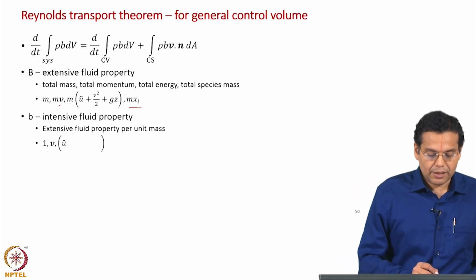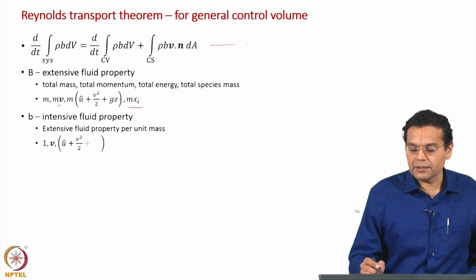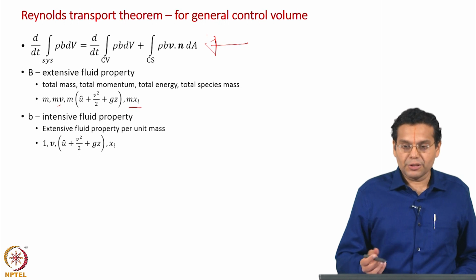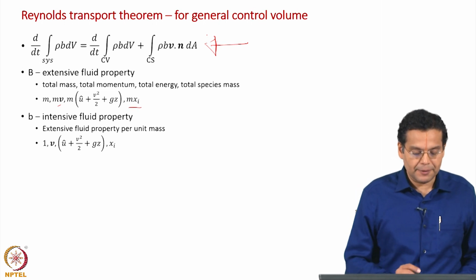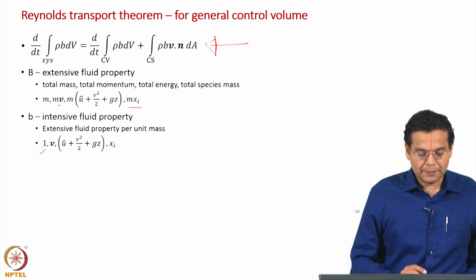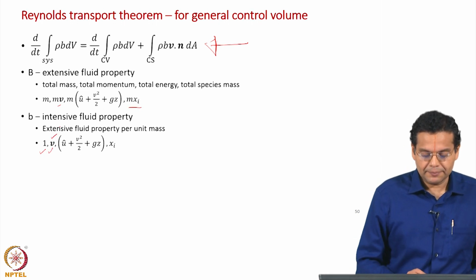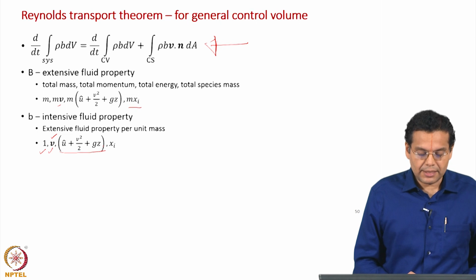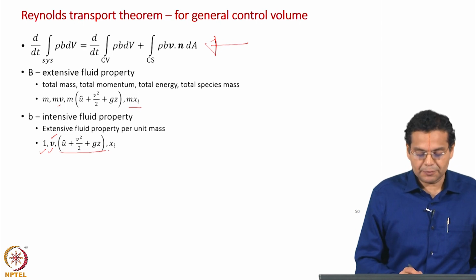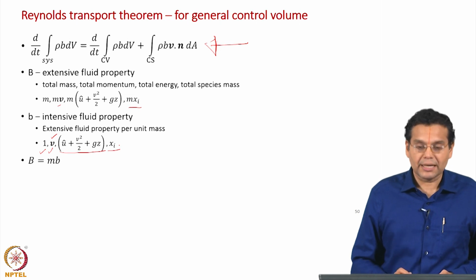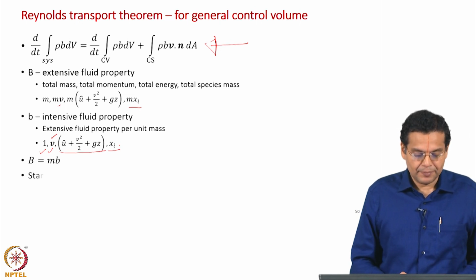The same equation represents, or we are going to use it for, different values of b, namely for total mass it is 1, for momentum it is V vector, for energy it is the sum of all this internal, kinetic and potential energy, and for species it is this mass fraction. Of course, both are related by B equal to m into b.